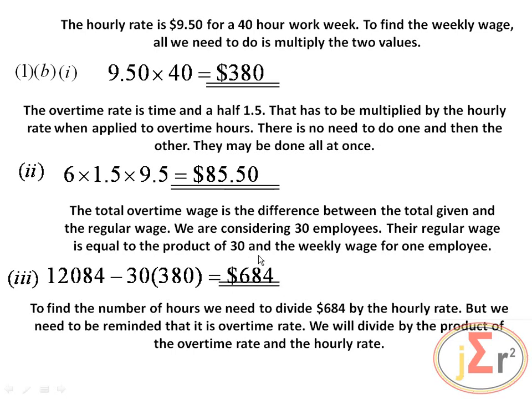Therefore, the hourly rate for this is not $9.50. The hourly rate for this is actually $9.50 multiplied by 1.5, which is what we have right here. Therefore, in order to determine how many hours overtime that amounted to this amount, we need to divide this by the product of the hourly rate and the overtime, which is what we have right here.